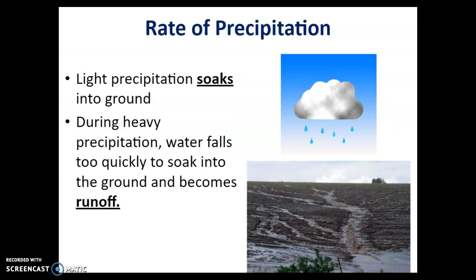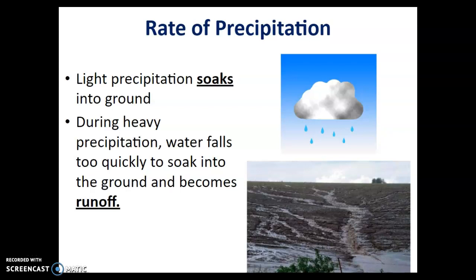The rate of precipitation will also affect whether water becomes runoff or not. So light precipitation, so a gentle drizzle or a gentle steady rain, again, that speed has a factor to it. So if it's lightly raining, that water is going to make its way to the ground a little bit more gently, and so it's going to be easier to just kind of soak into the ground to become groundwater.